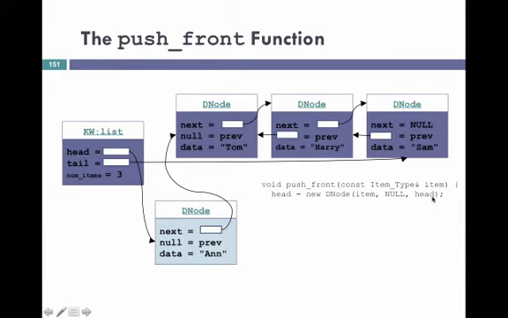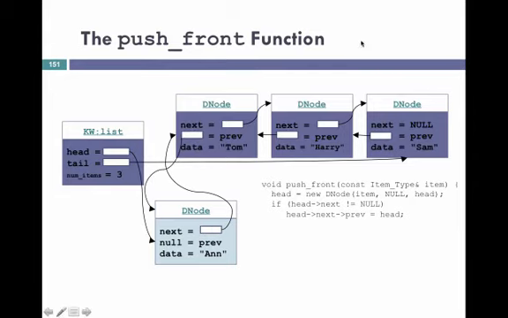And the current head is placed in next. The current head points to Tom, so now this new node Ann will point to head, and our head value here in list gets updated to point to this new node. And we say if head arrow next is not equal to null, then head next previous is set equal to head.